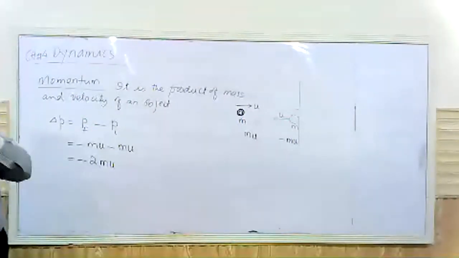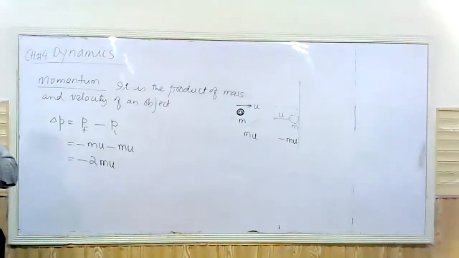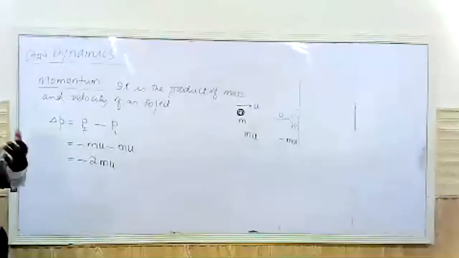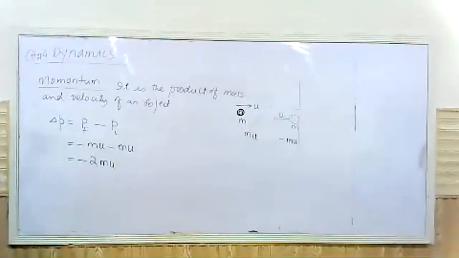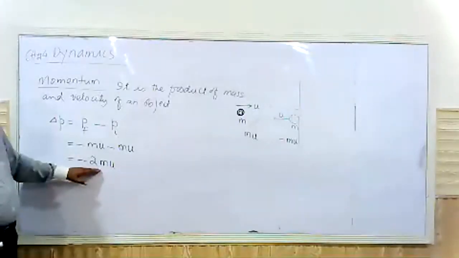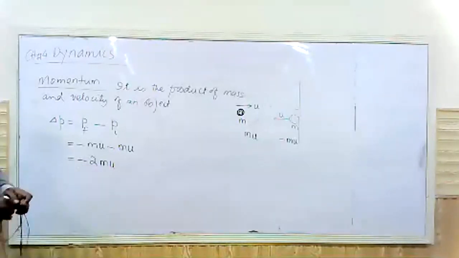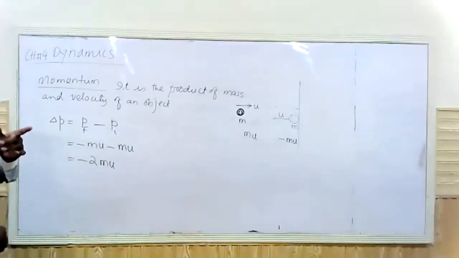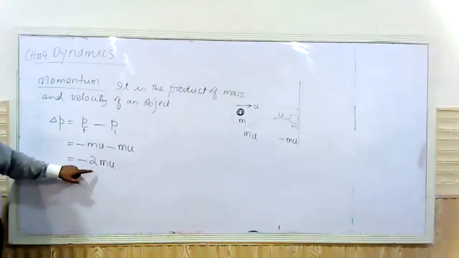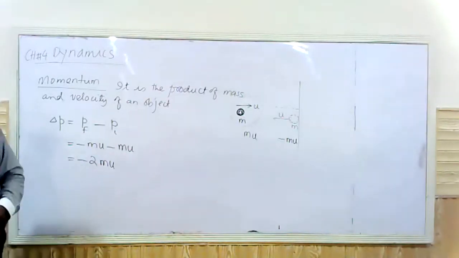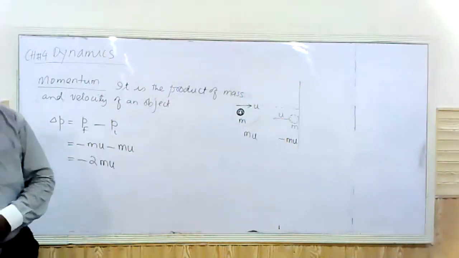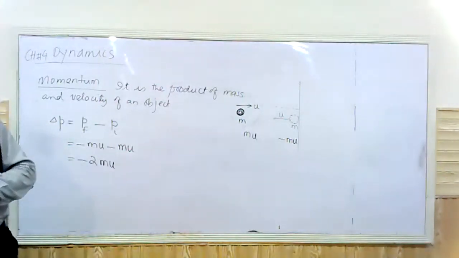So this is an important thing to remember, and this happens during collisions. If an object suddenly changes its direction, the change is large, and it is due to the change in momentum that the object experiences a force acting on it. As Newton's second law claims, it is the rate at which this change takes place that is equal to the force that acts on this object. But this we'll discuss when we meet next time.